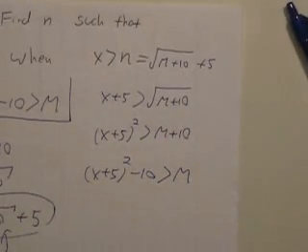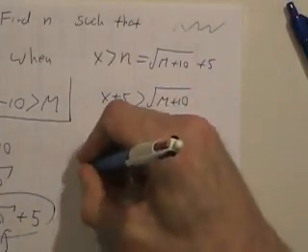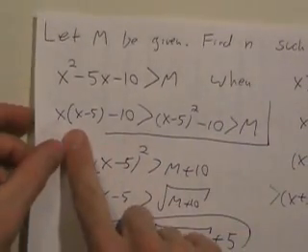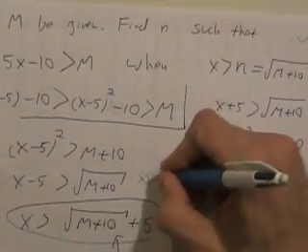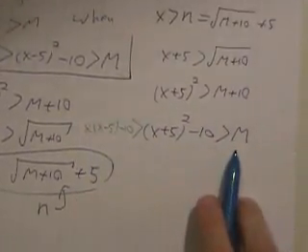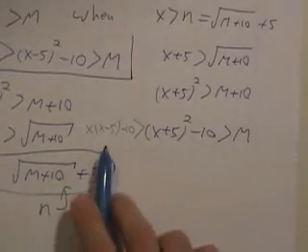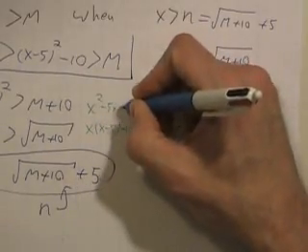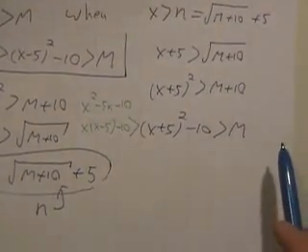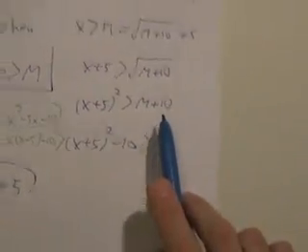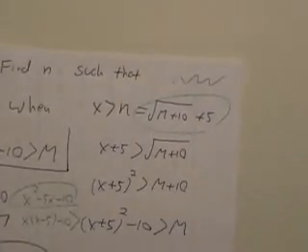And if that's the case, then it automatically follows that x minus 5 minus 10 is greater than m. And that completes the proof, because this is equal to x squared minus 5x minus 10. So that shows that for any value of m, this function can be made greater than it by choosing n to be this particular number.